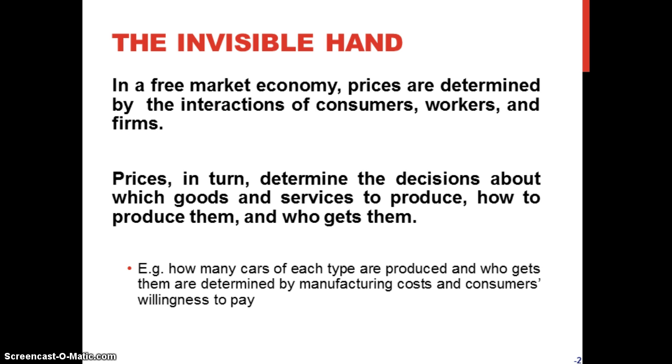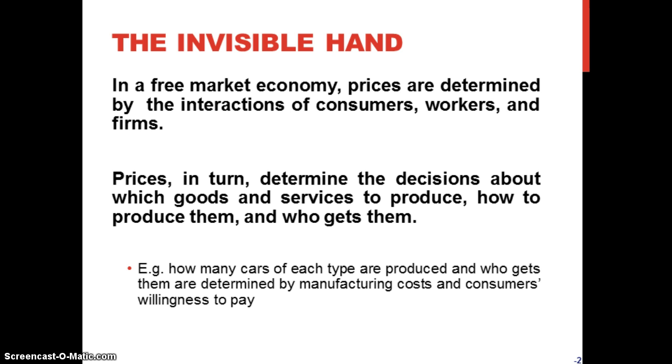As I mentioned, supply and demand is a theory which justifies the position of classic economics. So let me review the position of classic economics. A founder of classic economics, Adam Smith, argued that the invisible hand interactions of consumers, workers, and firms determine prices.